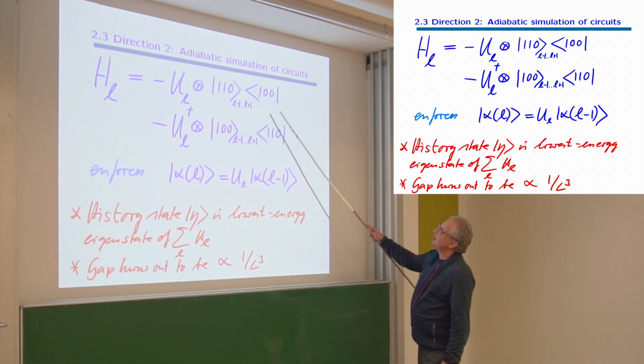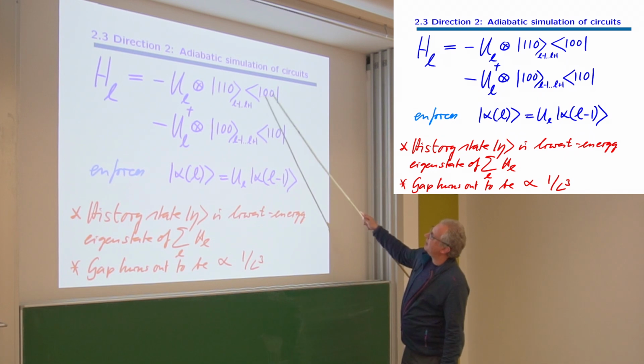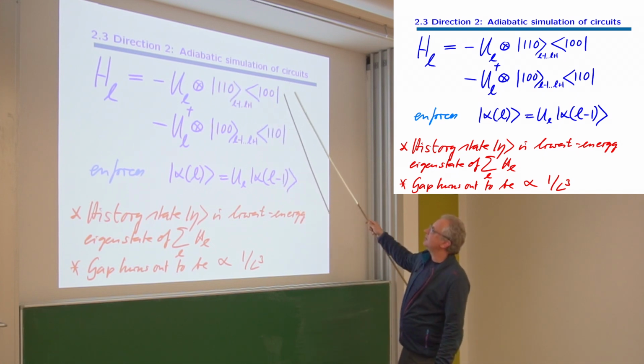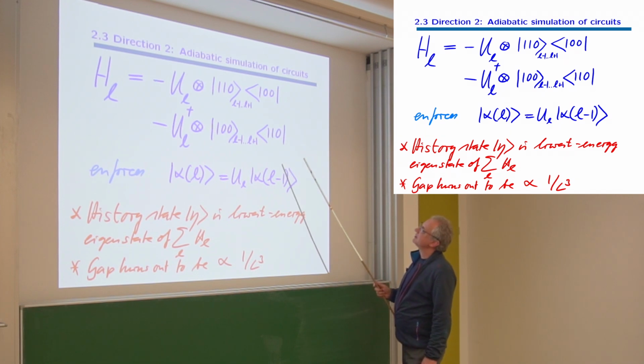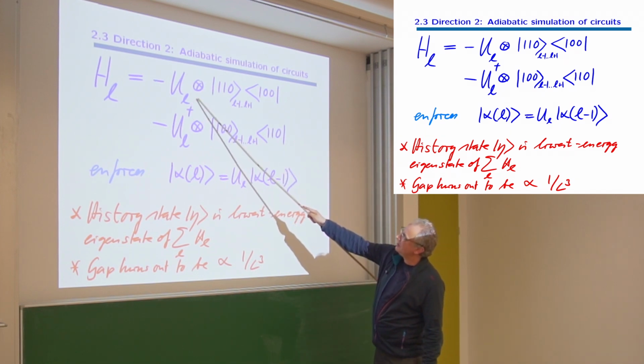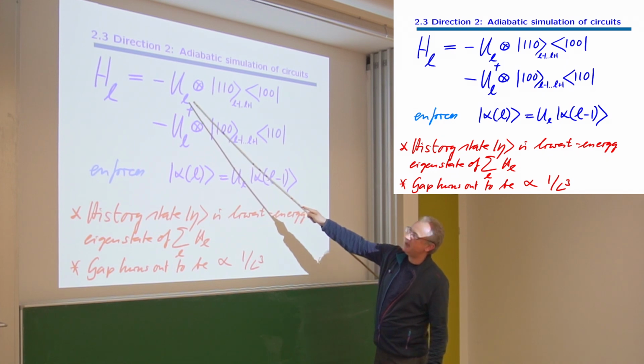What you see here is part of the clock register, the clock ticking forward from L-1 to L in time. So that's what's happening here. And correspondingly, you have the unitary, the Lth gate in the circuit here.